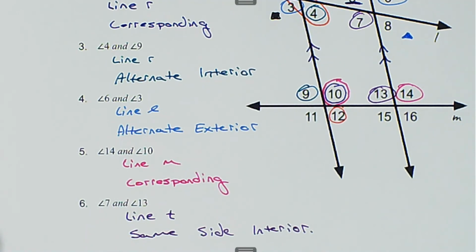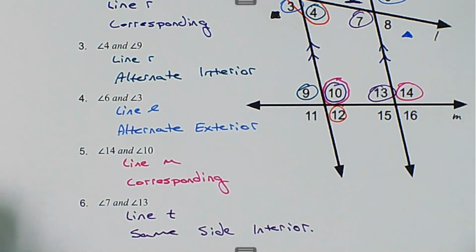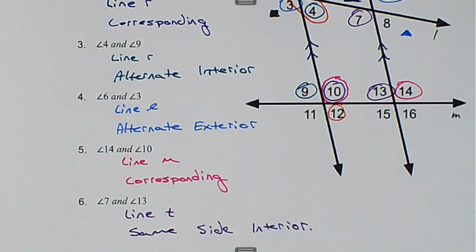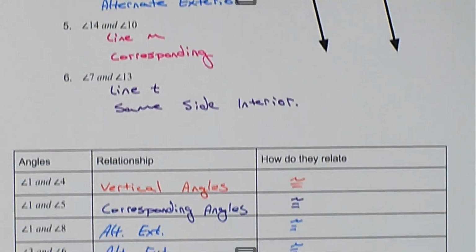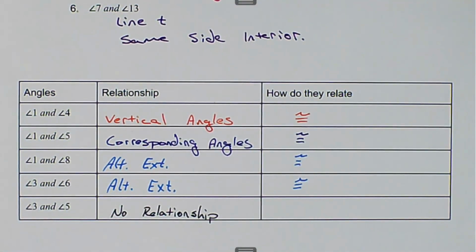This is no relationship. Later on, by connecting a few dots, we'll be able to say they're supplementary, but right now, we don't have a way to quantify their relationship. So the bottom of the chart should look like that.